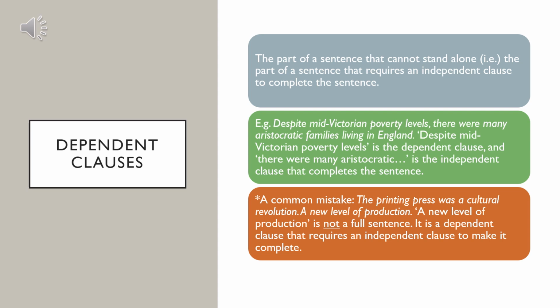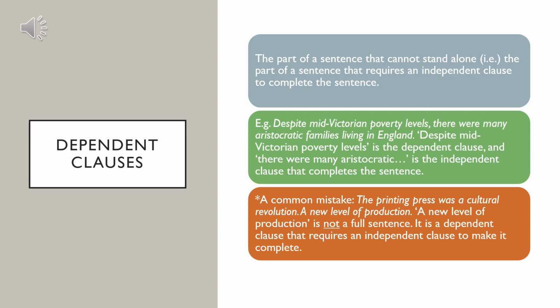We know this because, though it has a subject, the poverty levels, it does not have a predicate, a verb commenting on the subject. Moreover, this clause starts with the word despite. This is what's called a subordinating conjunction. Other examples of subordinating conjunctions are if and although.